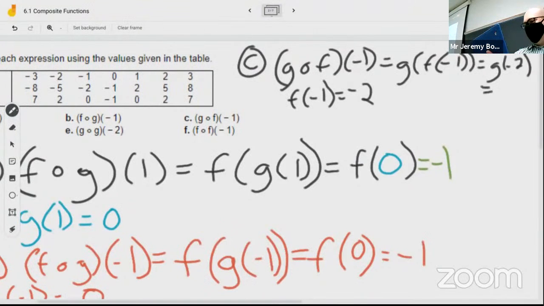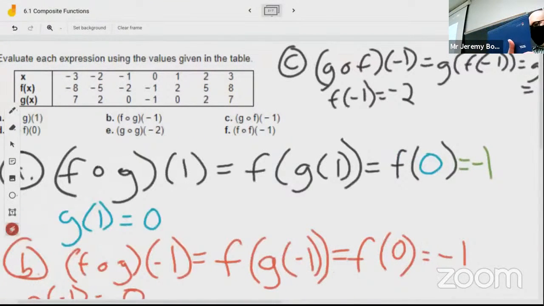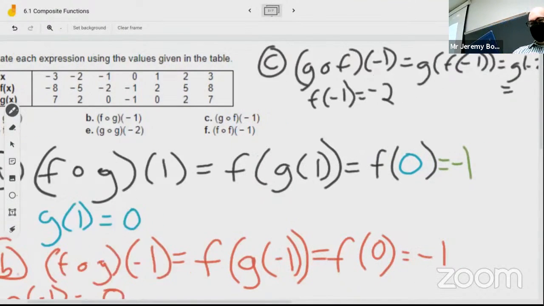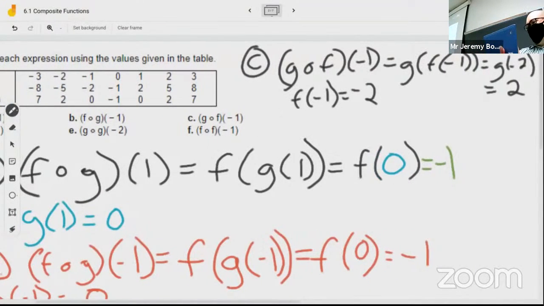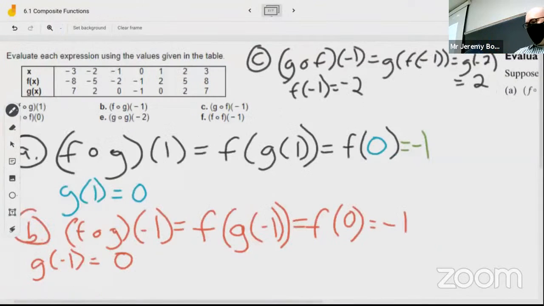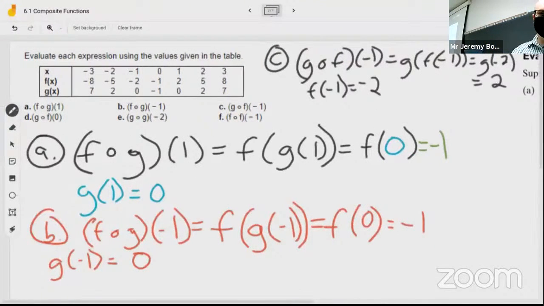Good. And that is going to be what? -2 in the G results in a +2. Any questions on that?